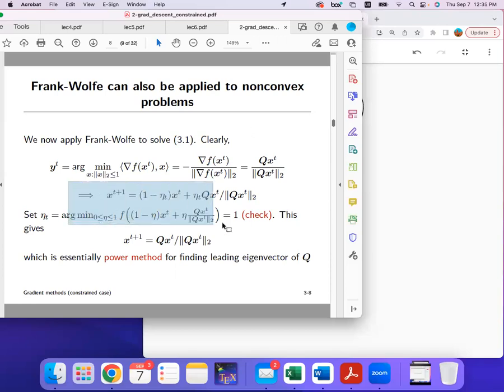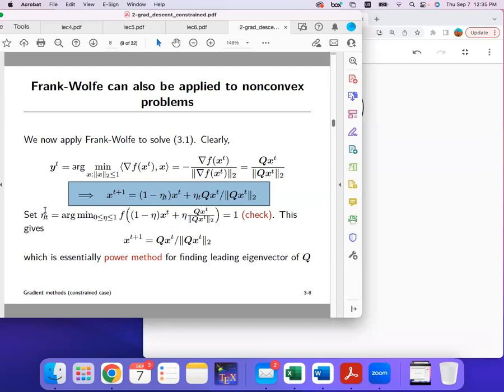And now, once we have yt, the third step is to do a linear combination between xt and yt. So just plug it into the third update, and we have the following update loop between xt and xt plus 1. Of course, we need to specify the step size eta t in practice, and we can check that the best eta t for this specific problem is actually 1.